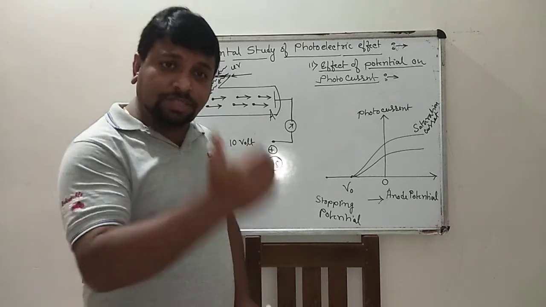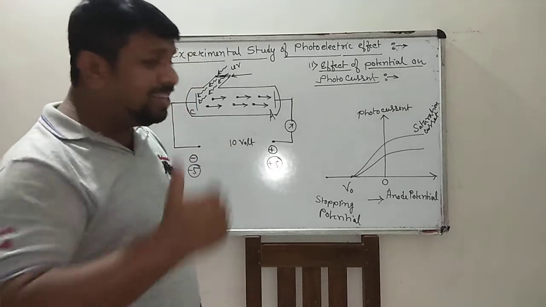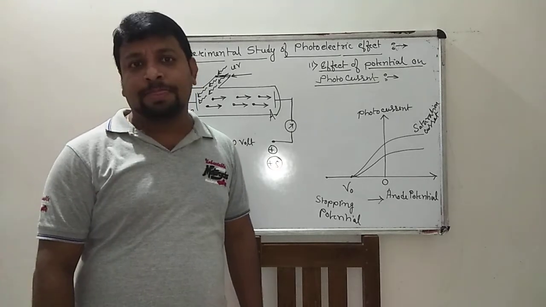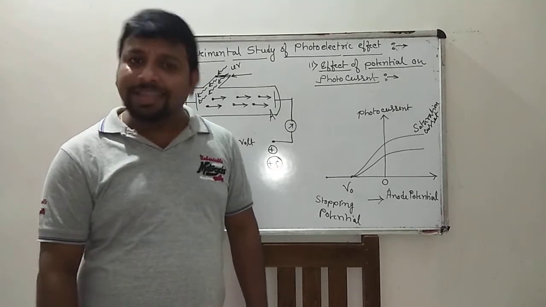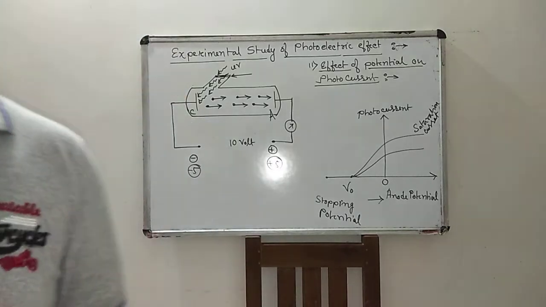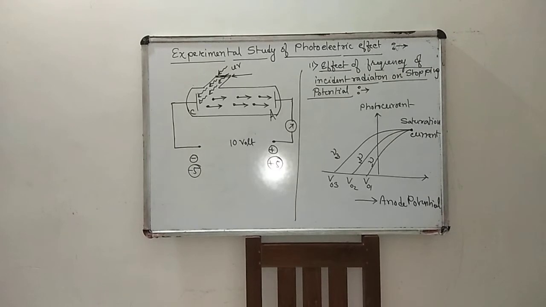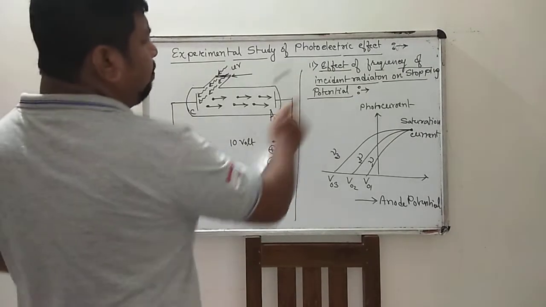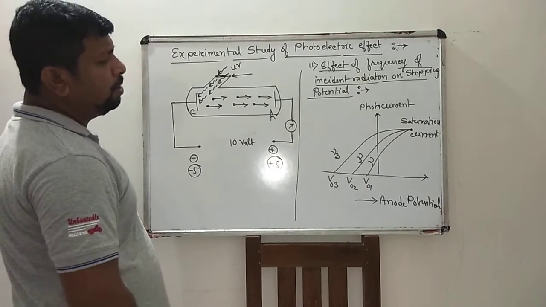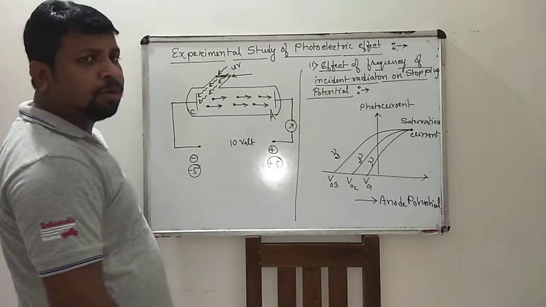Next we discuss how the stopping potential is affected by the frequency of the incident radiation. This is the last observation: the effect of frequency of incident radiation on stopping potential.